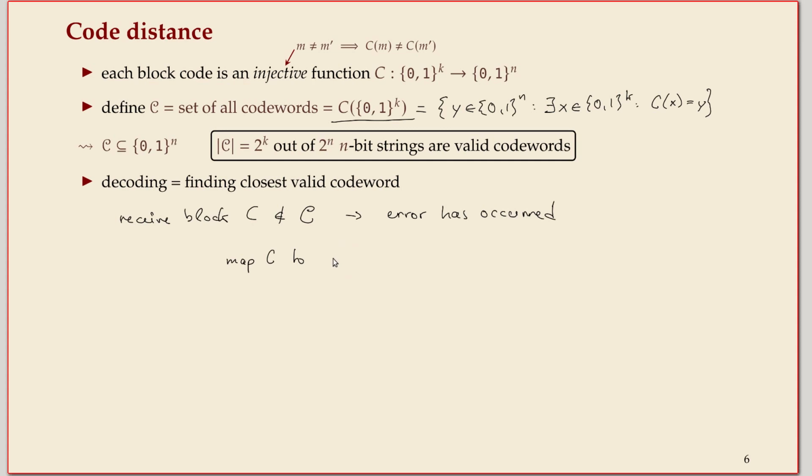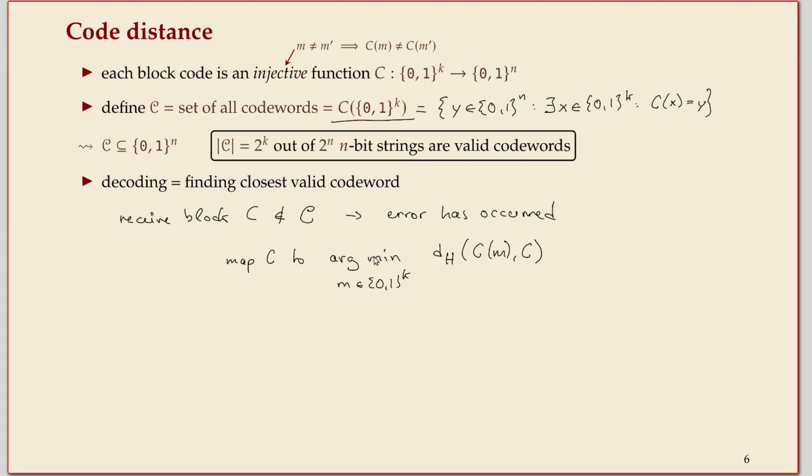Well, the message where the Hamming distance between what we should have seen for that message and what we actually received is minimal.